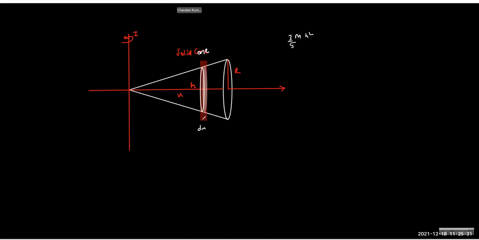The same thing is dI. So you can write dI equals the elementary contribution about the given axis, dI_cm plus dm x square.